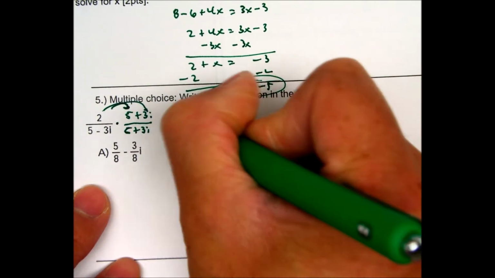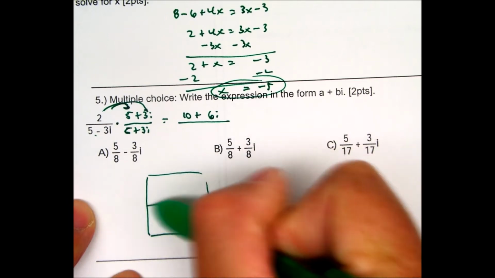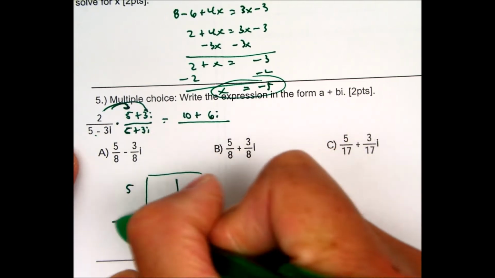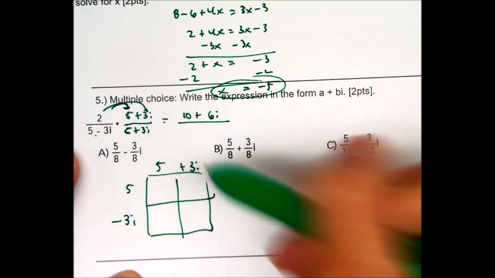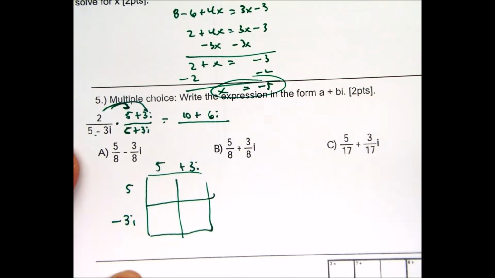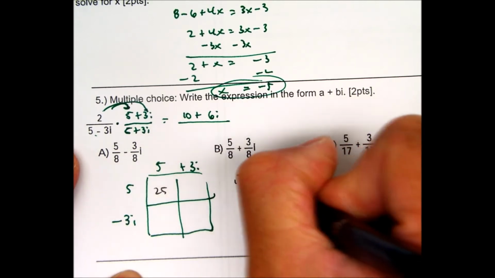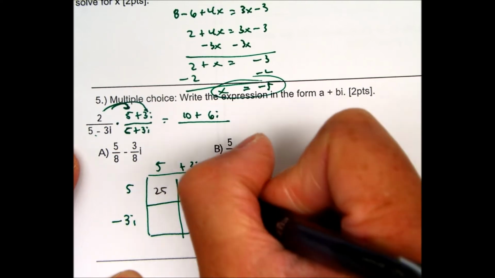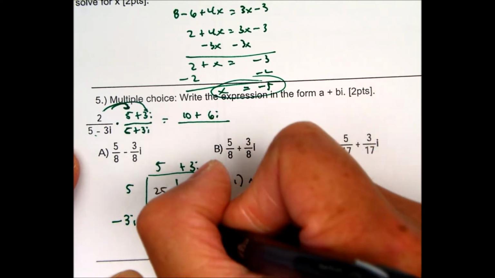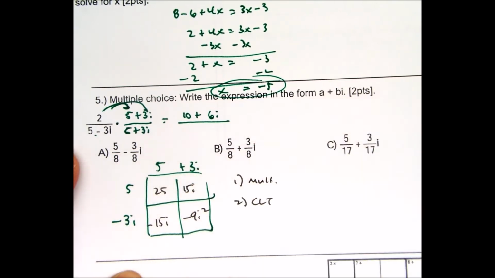Here you're going to have to FOIL, or I'm going to use the box. 5 minus 3i, 5 plus 3i. This will give me 25. So we're multiplying first, and then we're going to combine like terms: 15i, negative 15i, negative 9i squared.